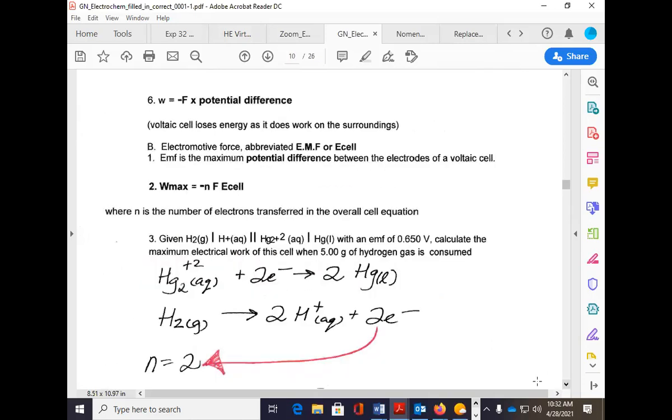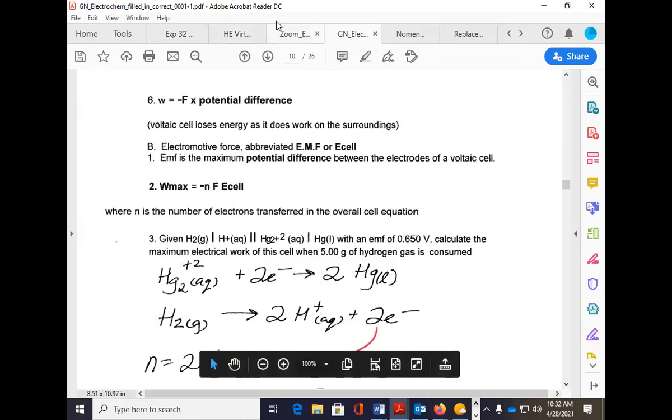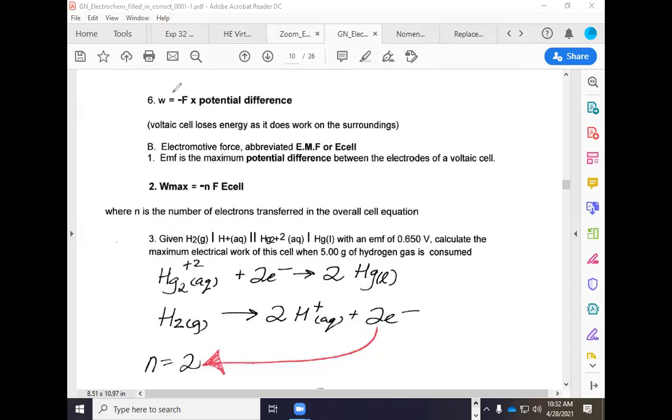Okay, so now we look at our little equation here, and it's work equals minus F times potential difference. And we're saying that the voltaic cell loses energy because it does work on the surroundings. So that's why we have the minus.